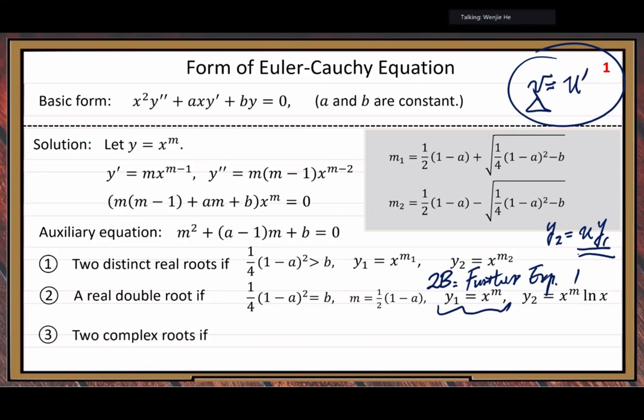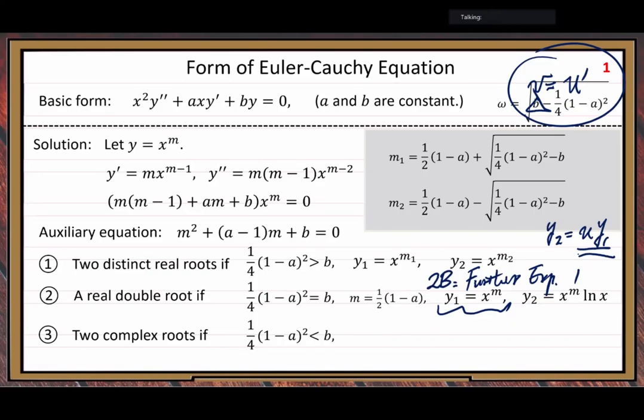Case number 3: this time two complex roots. Then the number under the square root is a negative number, so we will get an i, right?